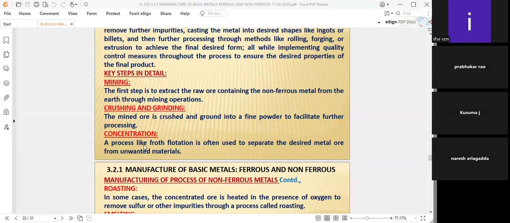A process like froth flotation is often used to separate the desired metal from the unwanted materials. Very important. Froth flotation means there is a tank, there is an agitator, and the powder will be dumped into the tank, giving some cleansing agent and operating the agitator.